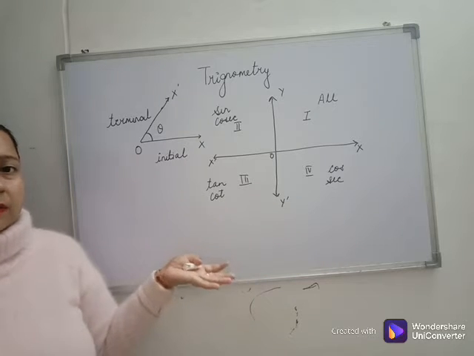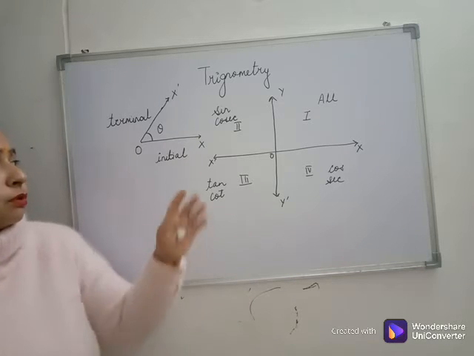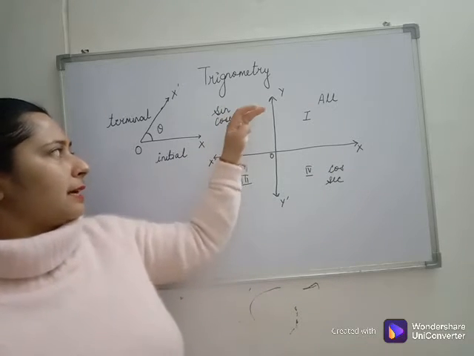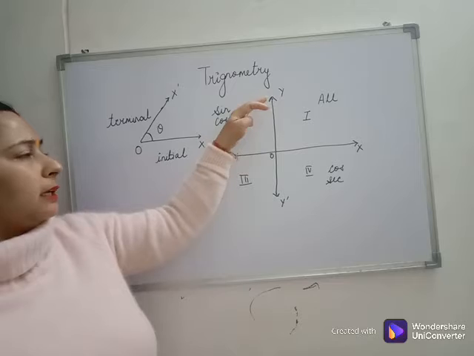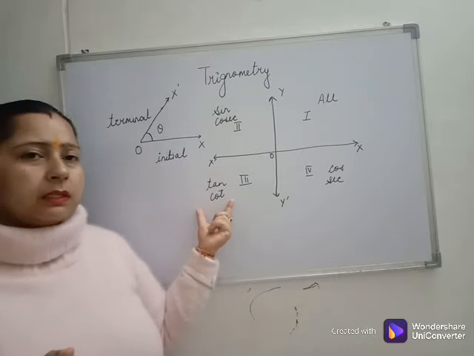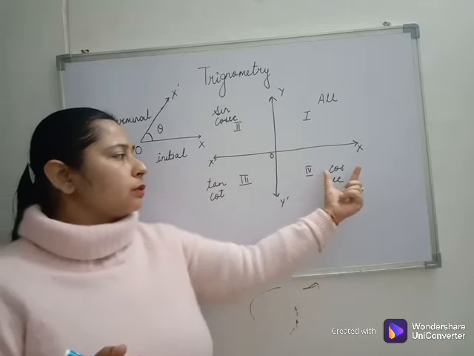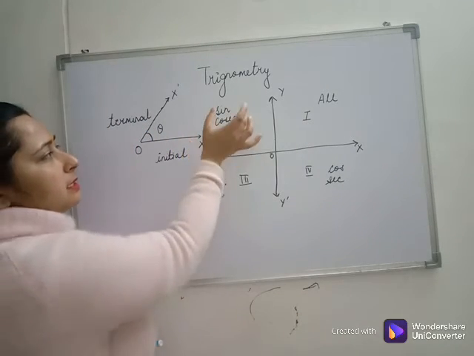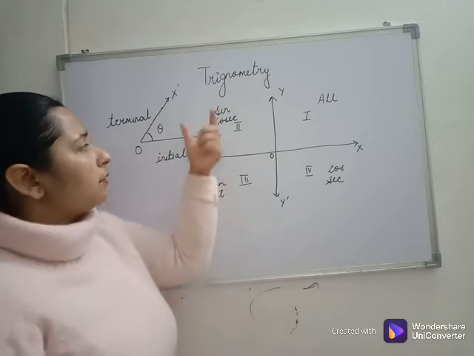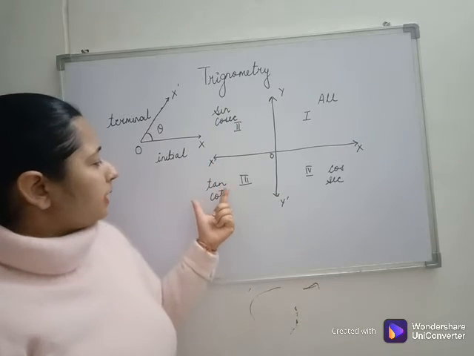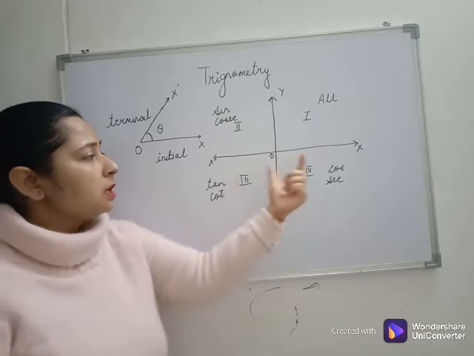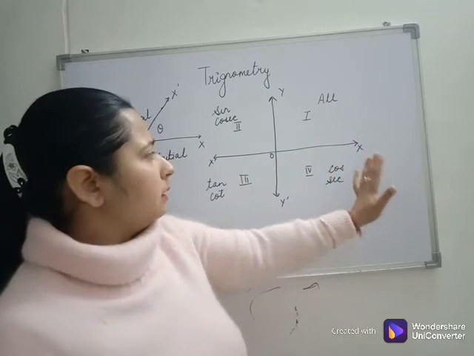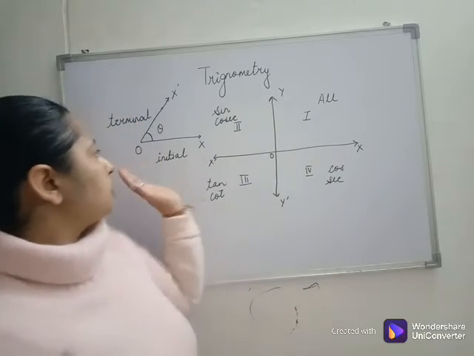School means sine and cosecant, then tangent and cotangent, and cosine and secant. As in our previous lecture, sine and cosecant are reciprocals. In the same way tangent and cotangent are reciprocals, and cosine and secant are reciprocals, and here you find every 6 things that we are measuring.